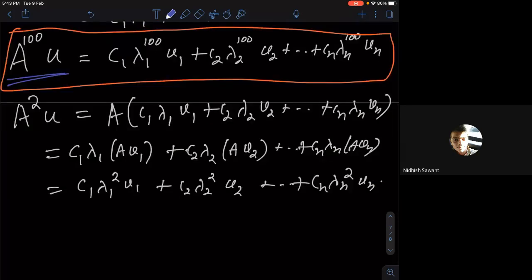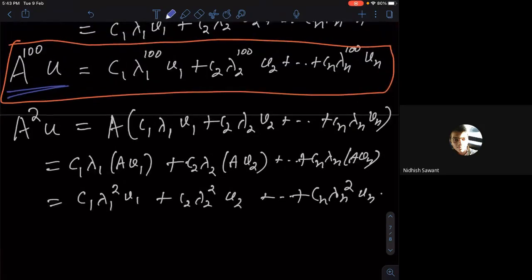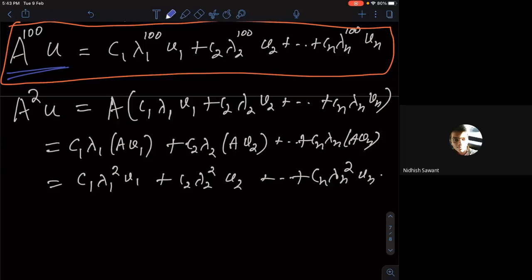Maybe it's a slight sidetrack, but let's look at this. A is an n cross n matrix, and V is a column vector of size n. So how many multiplications are there in AV?